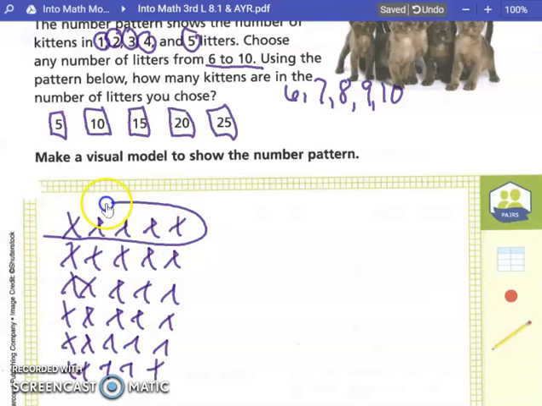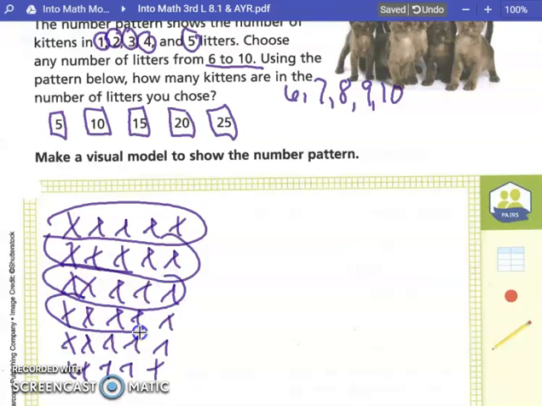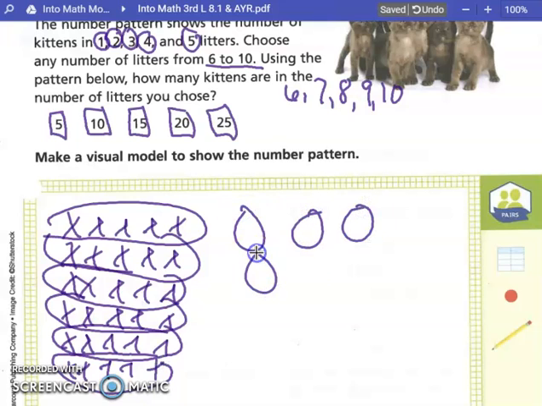So I would circle across to show that I have 6 groups of 5. Whatever you chose, if you chose 7, then you should have had 7 groups. Some people chose to draw 6 circles and put 5 in each circle.